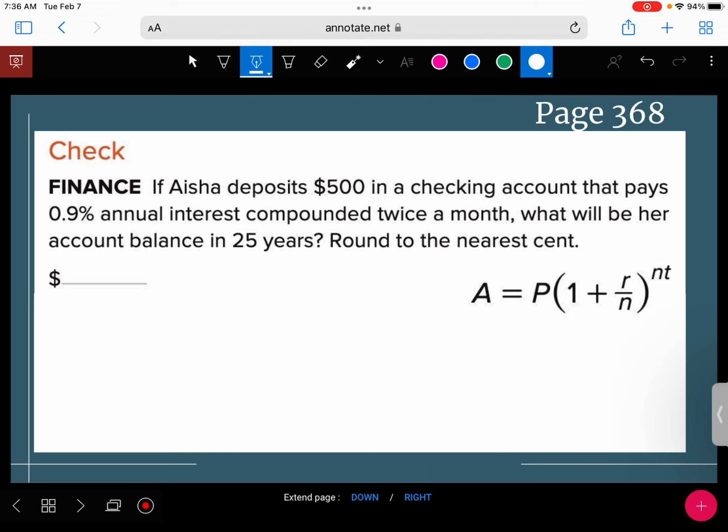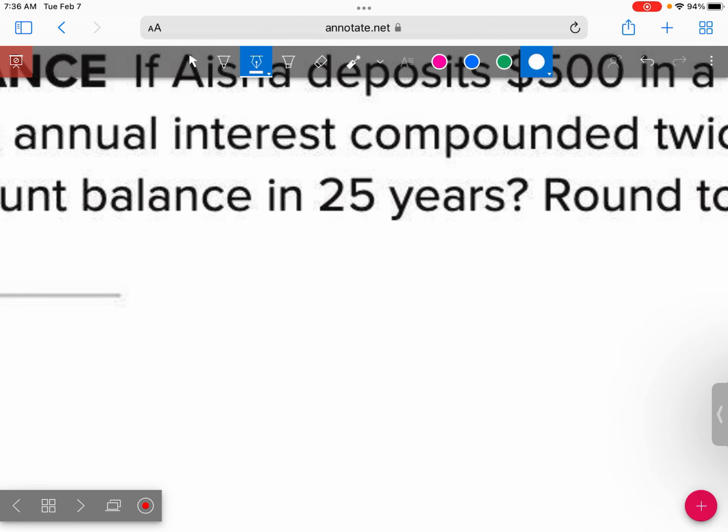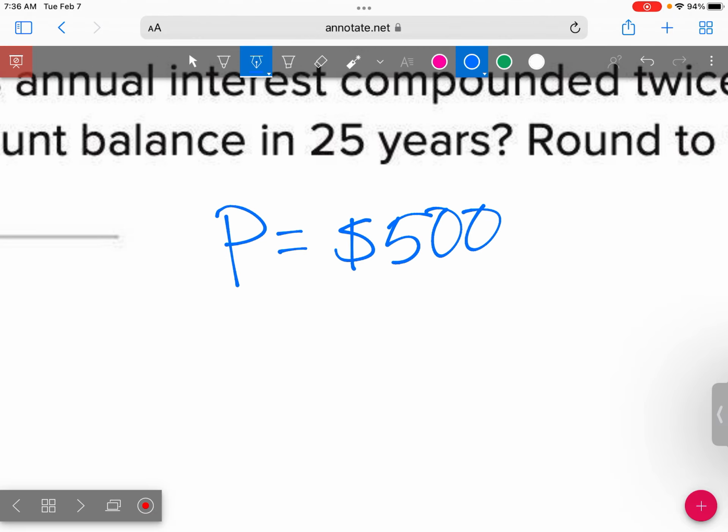Let's go through real quick and pull out all of our pieces. What is P? $500. What is R?